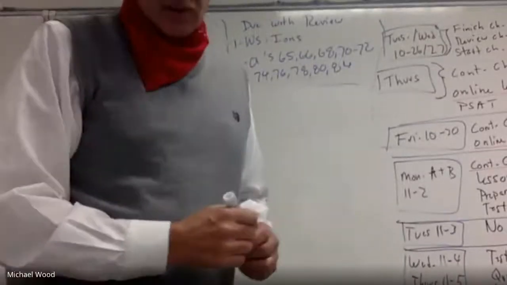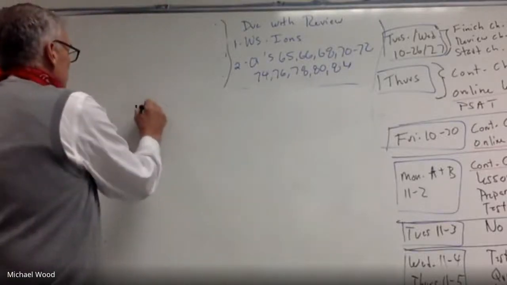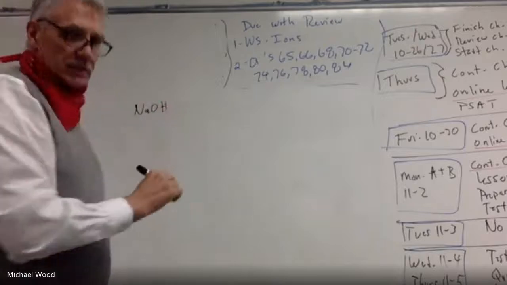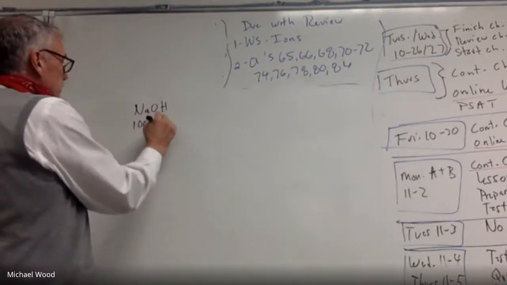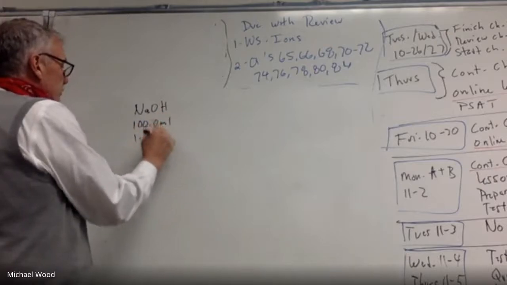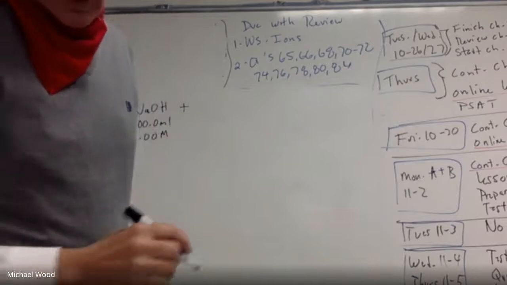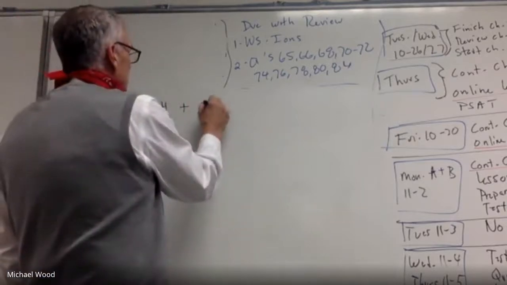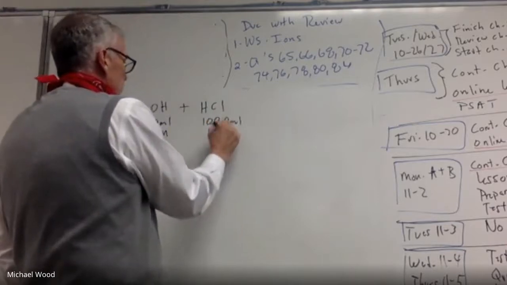So it says in a coffee cup calorimeter, we've got NaOH, 100 mL, and it's 1 molar. And then we're mixing it with HCl, which is again 100 mL, and it's 1 molar.